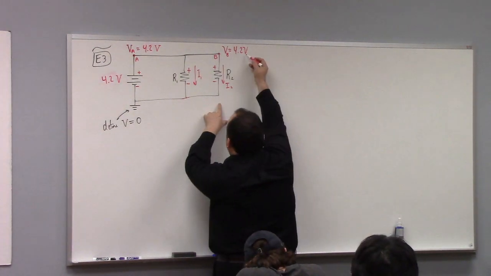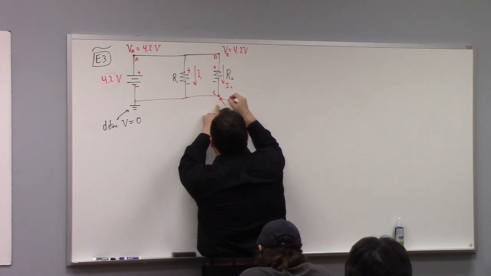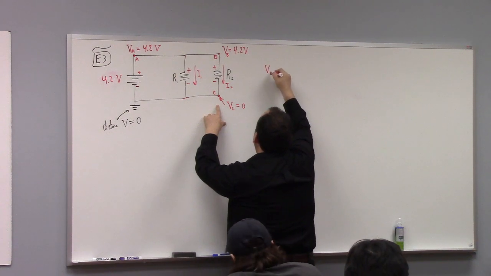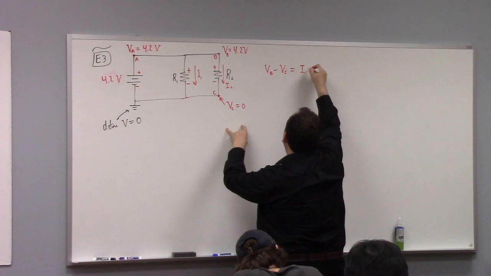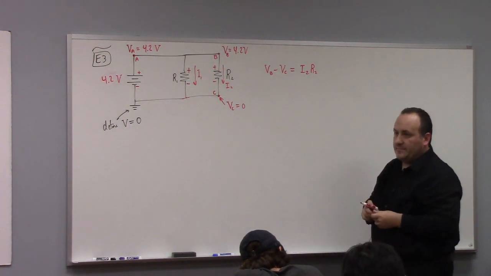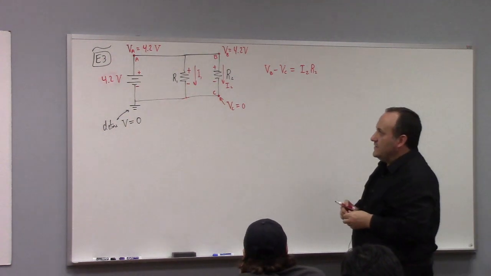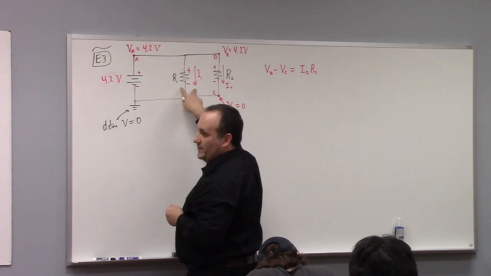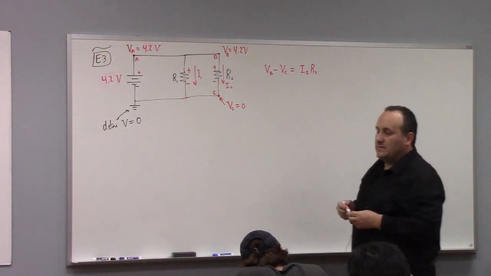So if I start at 4.2 volts and down here I've got, let me call this point C, VC is 0 volts. So VB minus VC has to be equal to I2 times R2 by Ohm's law. Right? So we could also directly come to the conclusion that 4.2 volts has to be equal to I1 R1 and has to be equal to I2 R2.